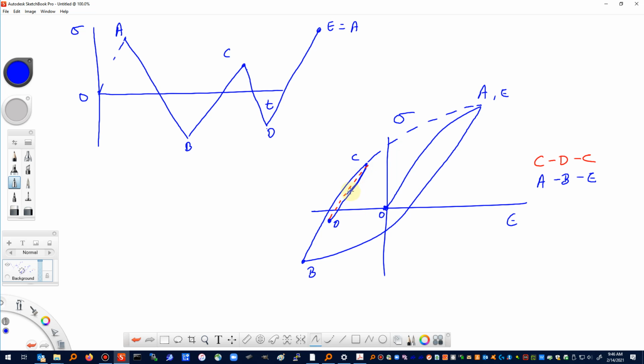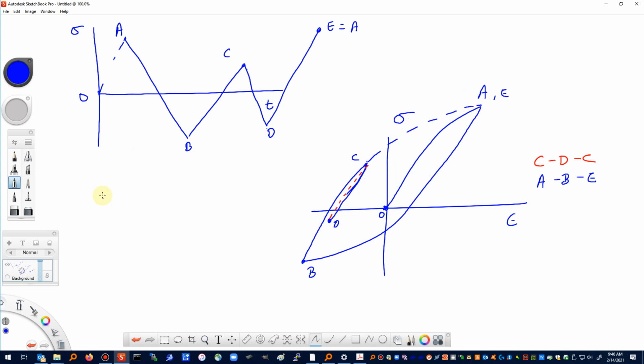Now each hysteresis branch has a different origin associated with it. Each hysteresis branch has a different stress range associated with it. And when I close off the CDC hysteresis loop, then I have to go and use this as the origin and calculate from C to A to get that hysteresis branch. Okay?